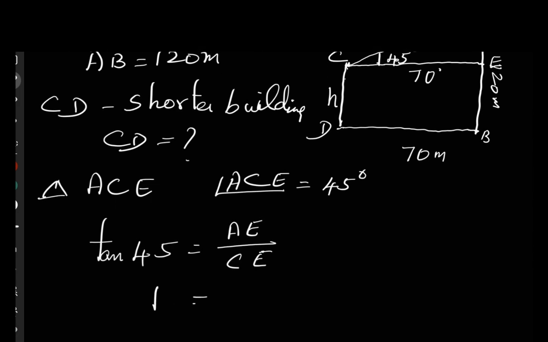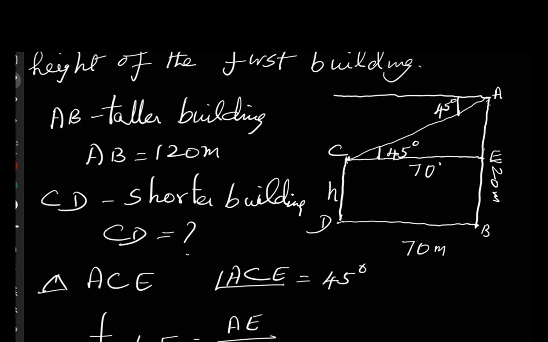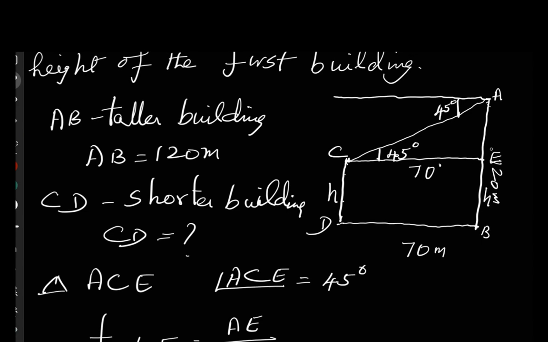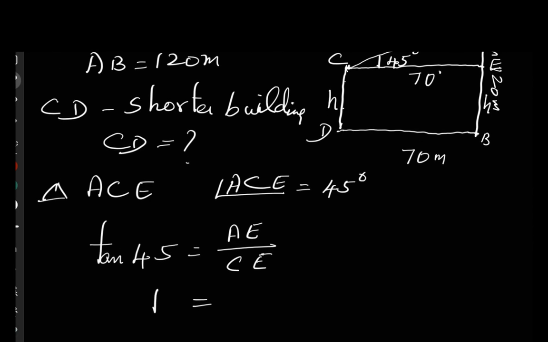Tan 45 is 1. What about AE? AE we don't know, but the full height is 120. This is H. So up to this H you have, this distance will become 120 minus H. That is AE, 120 minus H.